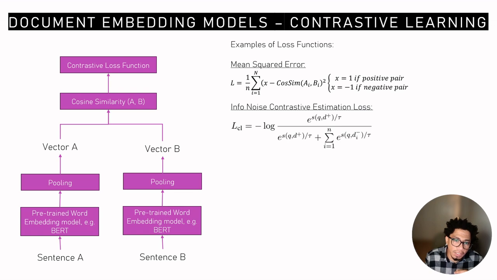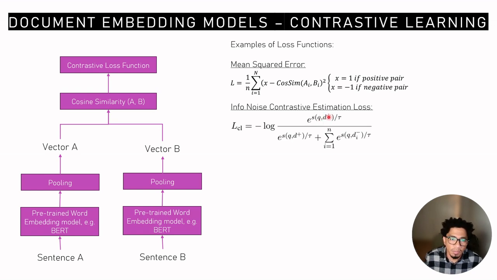So that's the numerator here, which is essentially the plus there means that it's a positive pair between the query and the document. So the S is a similarity function. Let me just put on a laser here. Okay, so this S here is a similarity function, and it applies the similarity function to a query and a document.